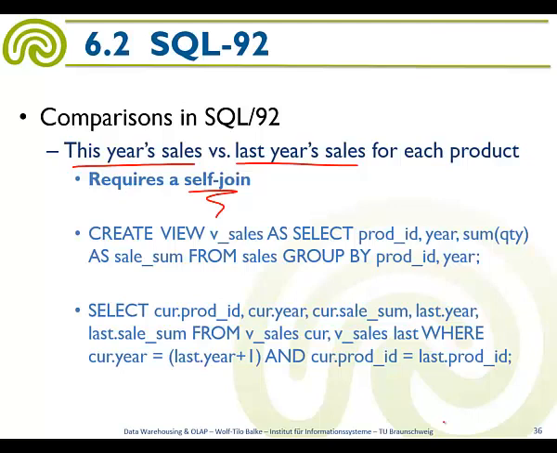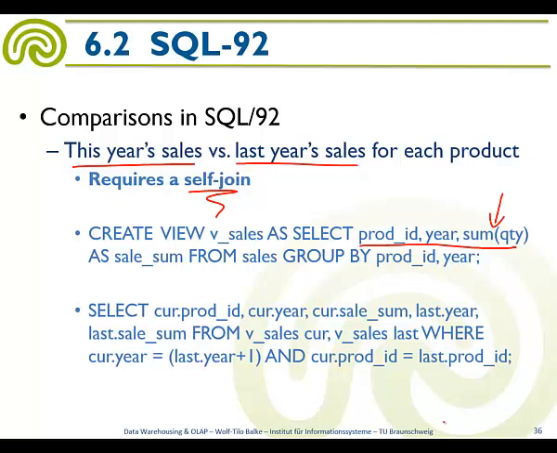So for the products, we create a view that selects the summed up quantity per year per product ID, right? Grouped by the product ID and the year. So now we have for each year an entry where the aggregation is already made. How can we now compare last year and this year?